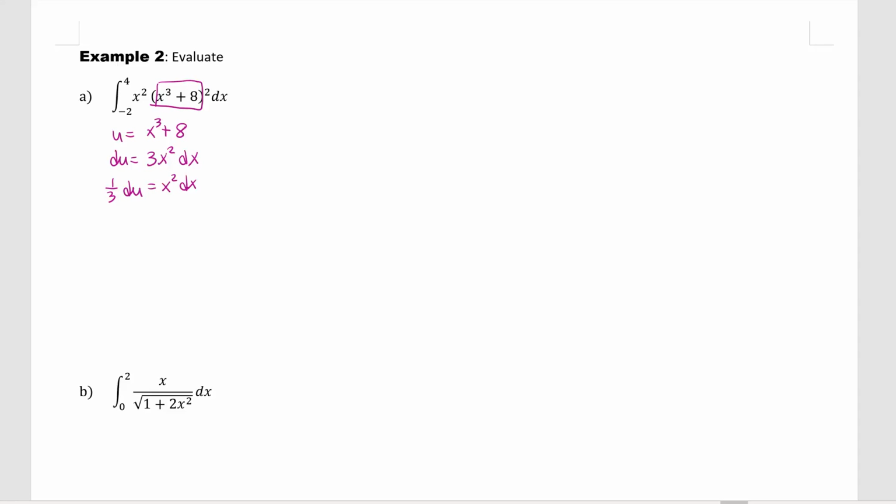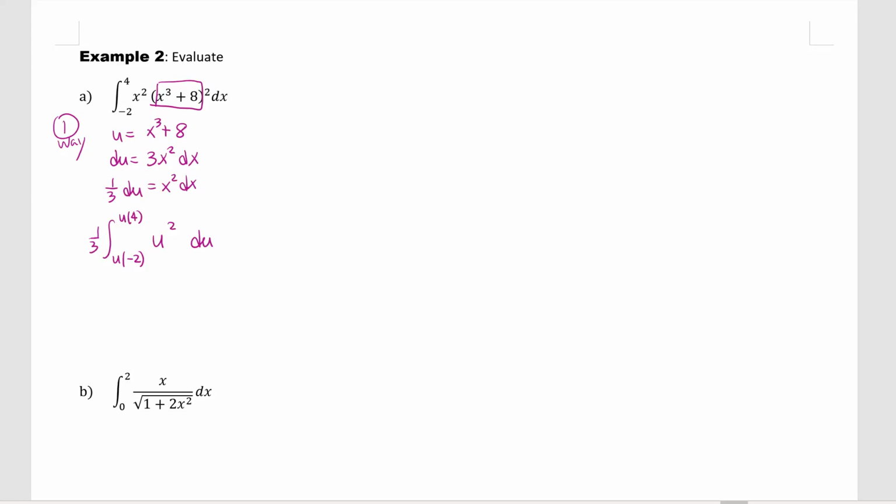For this way, let's change to the u values. This is the first way, and we change the limits to u values. So we have u of -2 and u of 4. Then x squared dx is 1/3 du.